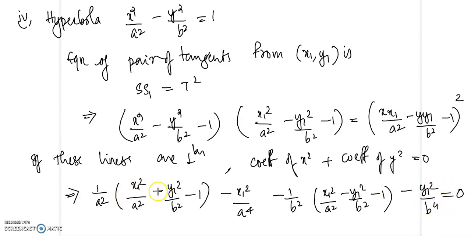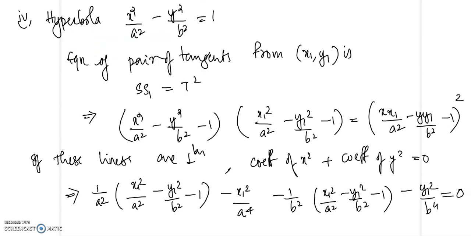So x1 square by a raised to 4 will cancel off. Again y1 square by b raised to 4 also will cancel off. So remaining we will have, so let us look at what are the terms we are getting.